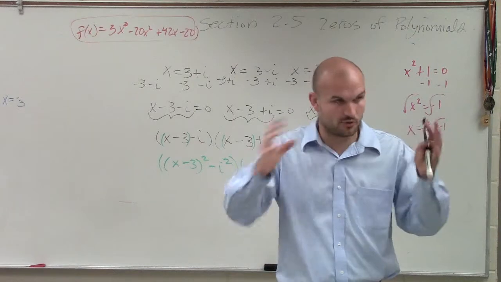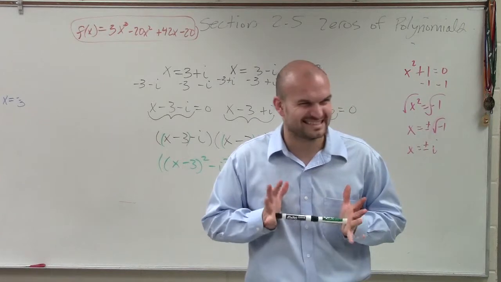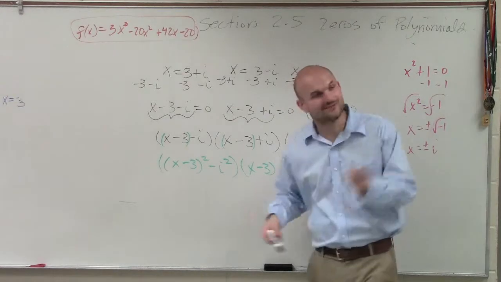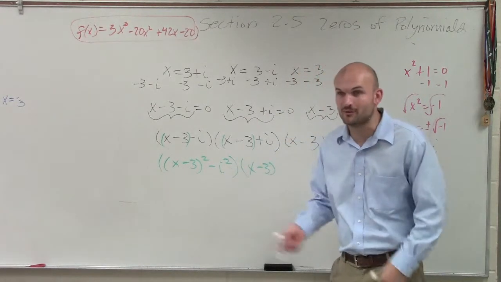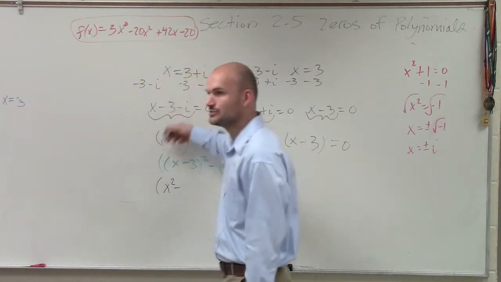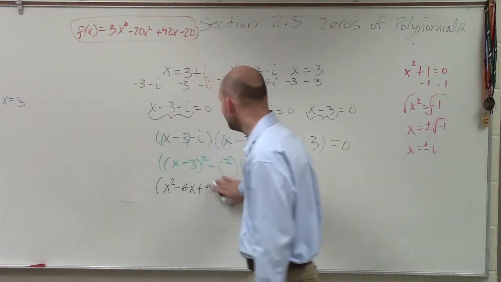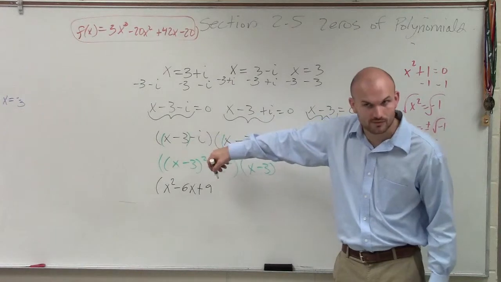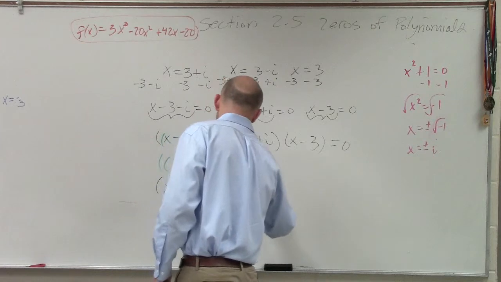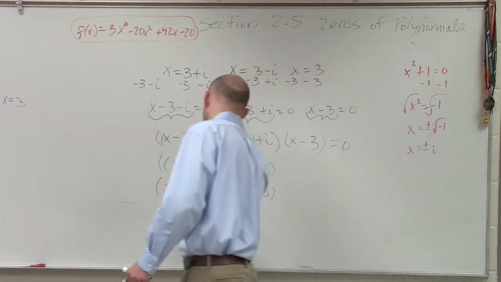Do you know what a binomial square produces? When you square a binomial, you produce a what? A perfect square trinomial. Oh, yeah, very good. So this produces a perfect square trinomial, which we practice in our factoring, which is going to be x squared minus 2 times negative 3, which is 6x, plus 9. And then negative i squared will become positive 1. Times x minus 3. x squared minus 6x plus 9 plus 1 is just going to become 10.